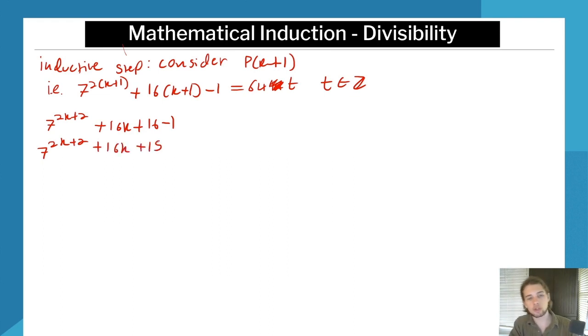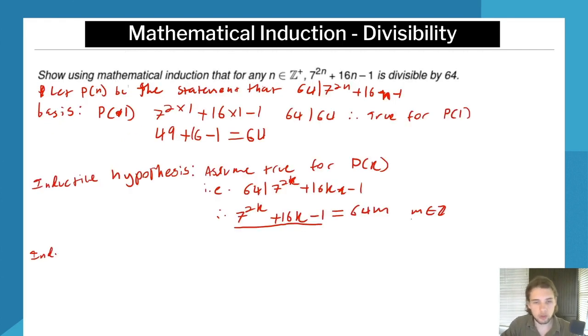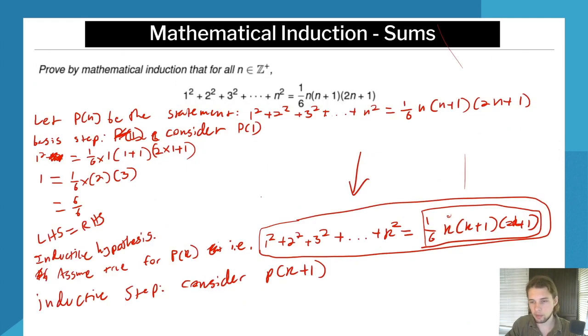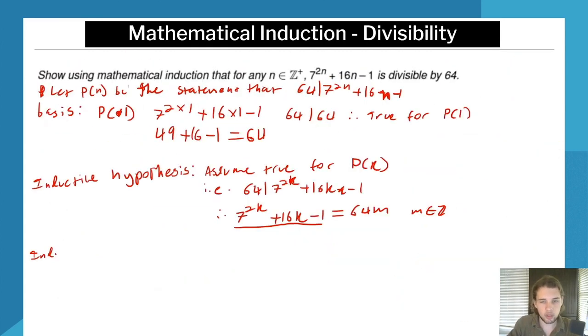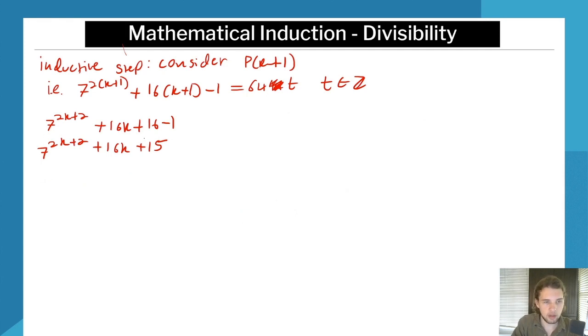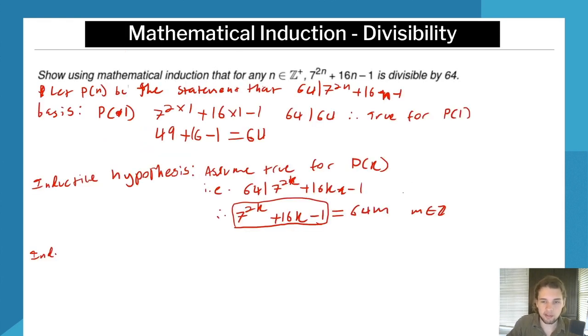Again, like last time, like we did over here, where we substituted this into our equation to get a proof, we're going to want to substitute this into our expression here, and therefore we can get a 64m.